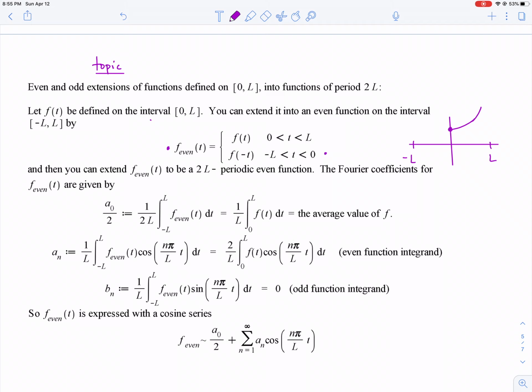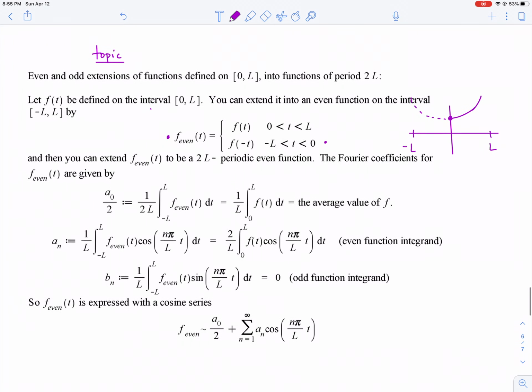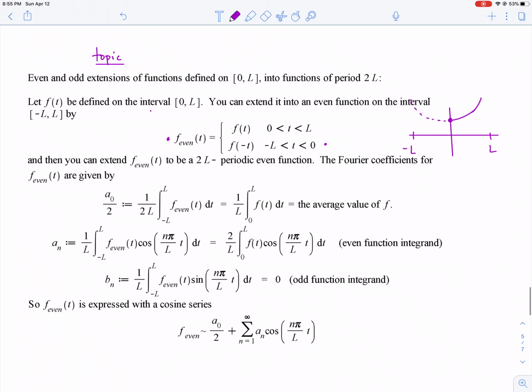And so what you're doing is you're creating a function whose graph is symmetric with respect to the vertical axis.